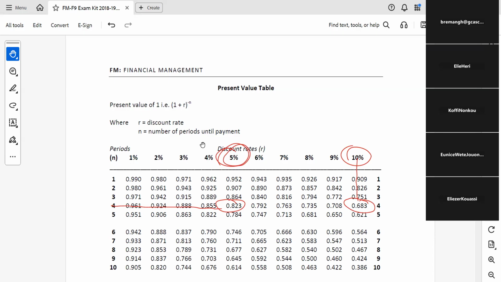So here you just come and read. Please, I'm not using the annuity factor table. This one is the discount factor table, or the present value table. For individual cash flows, which are paid once, we need the discount factor table. But when the cash flows are paid over more than 1 year, then we need the annuity factor table. I think I've explained that.